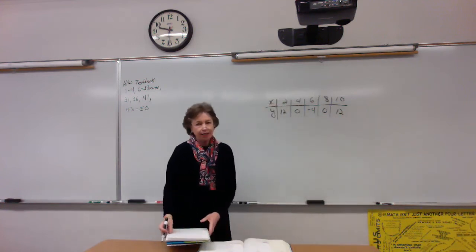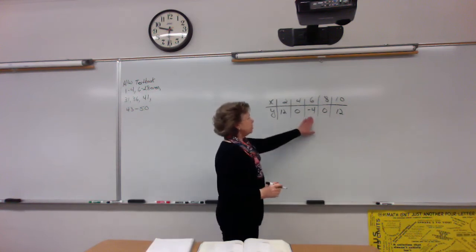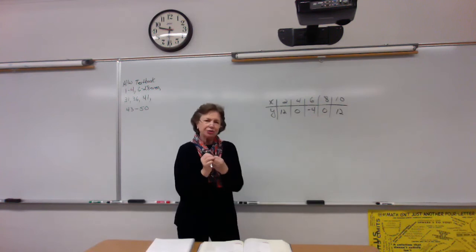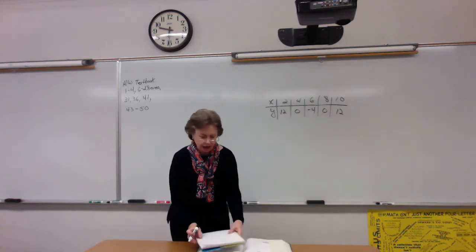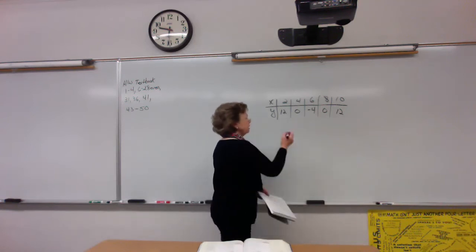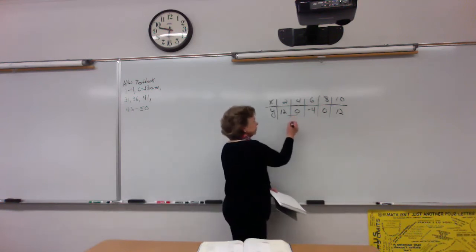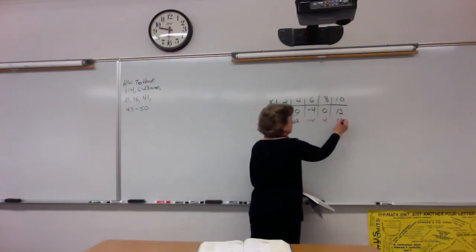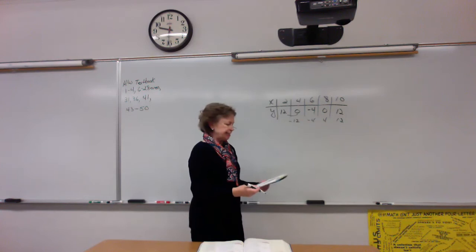That doesn't look like quadratic. I've got my low point, I'm coming up, but if that's true, then the second differences should be the same. So we're just going to double check just in case. So 0 minus 12 is -12, -4, 4, 12. First differences weren't the same.